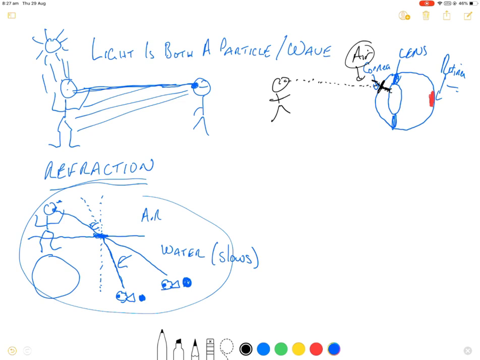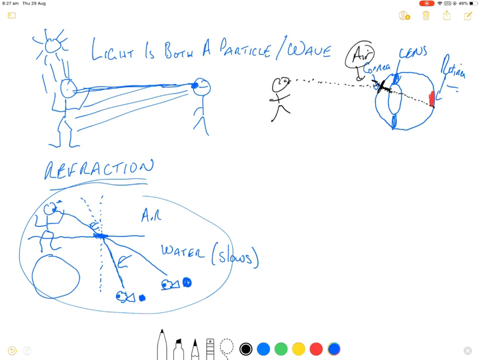Okay, so the cornea is curved, so that means the normal's at an angle. The light ray comes in, and then we bend it closer to the normal, and then the light ray hits the retina here after passing through the lens.